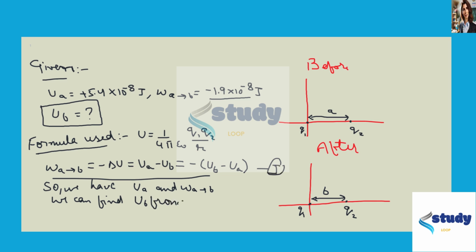From 1, UB equals UA minus WA to B. Putting in the values of UA and WAB, we have 7.3 times 10 raised to the power minus 8 joule.